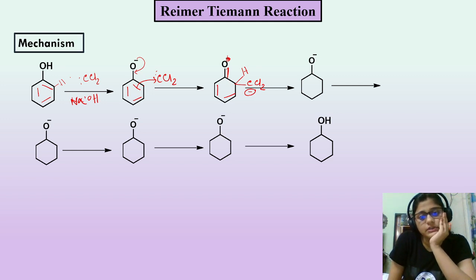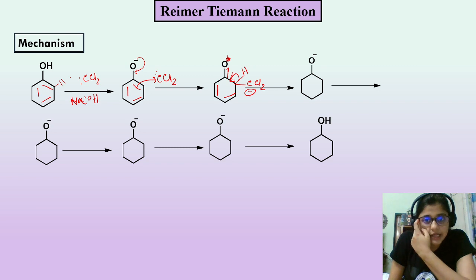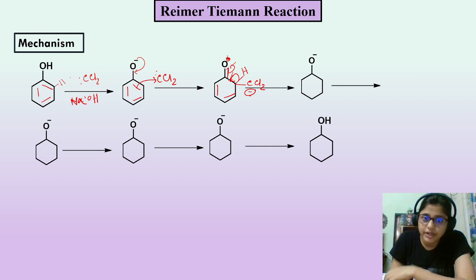To have the aromaticity, this hydrogen will be lost and this will again be O minus. And here this bond pair is going towards the ring, so it will be removed as H plus and it will accept this H plus, this group only.